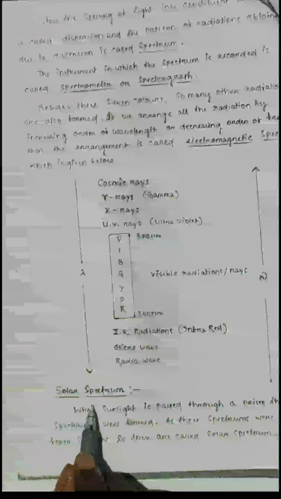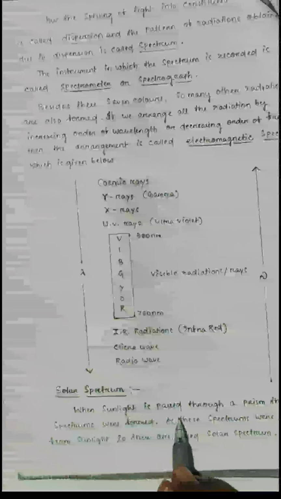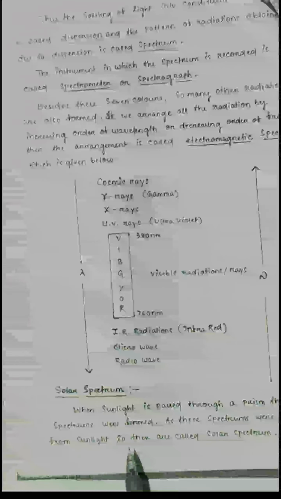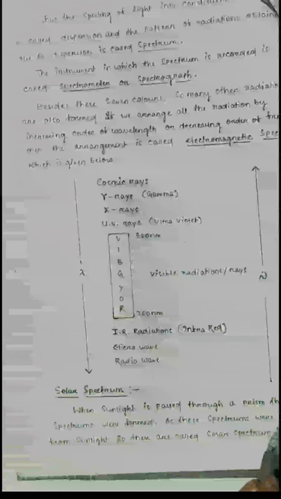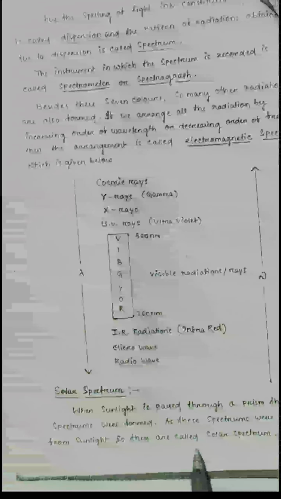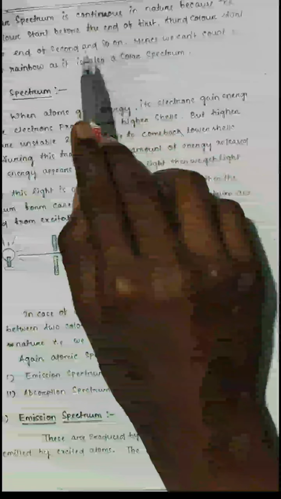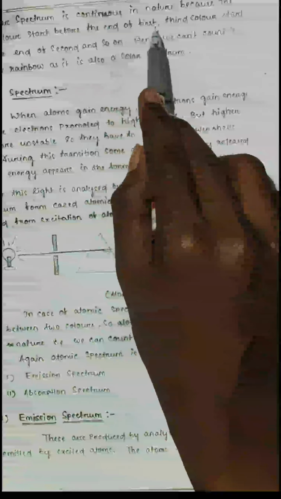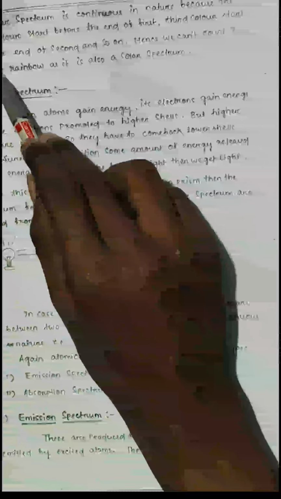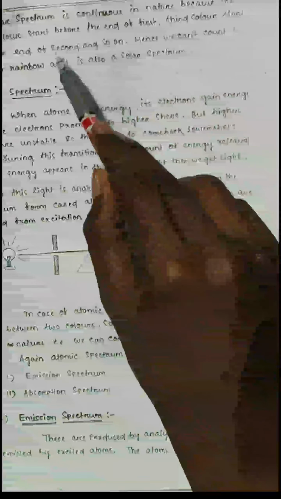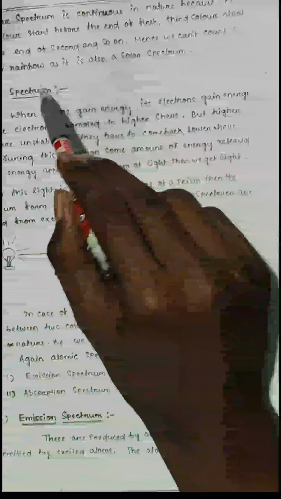Then we move on to the solar spectrum. When sunlight is passed through a prism, different spectra are formed. As these spectra are emitted from the sunlight, they are called solar spectrum. Solar spectrum is continuous in nature because the second color starts before the end of the first and the third before the end of the second, and so on.